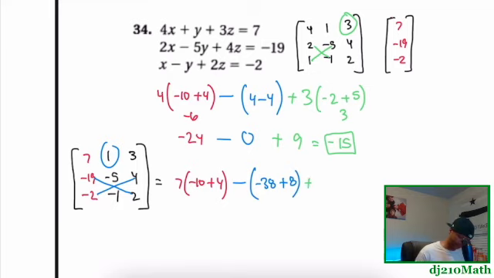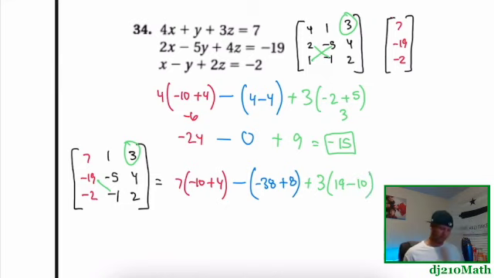Plus 3 times 19 minus 10. Right, negative negative is a positive. So minus 10. Okay, this is going to be negative 6 times 7, negative 42. Negative 38 minus 8, or correction, plus 8.